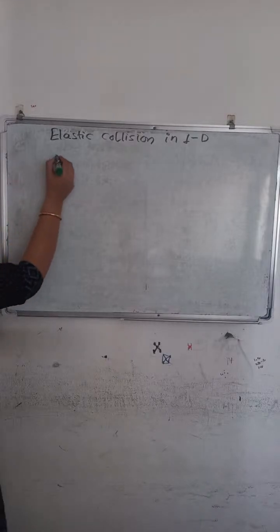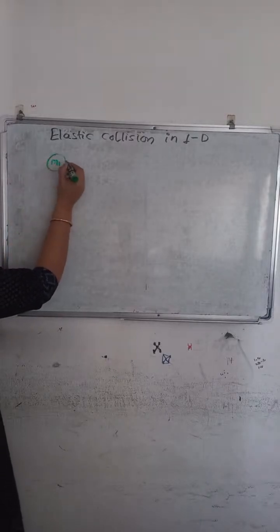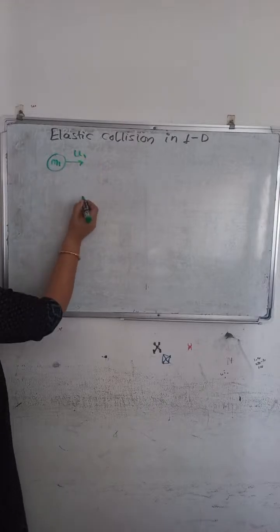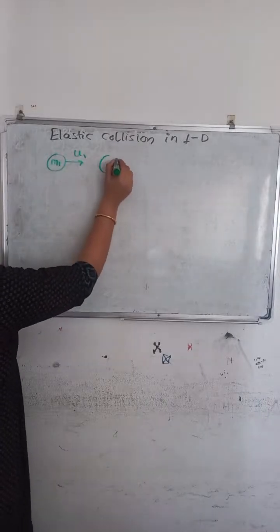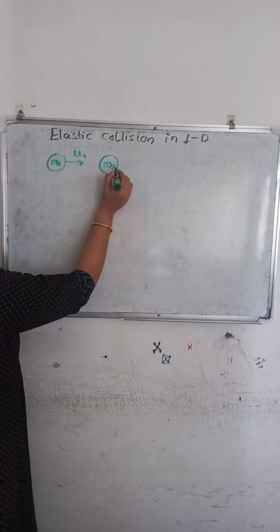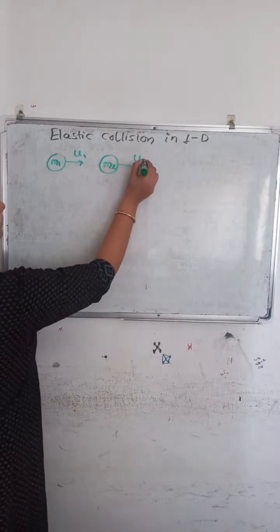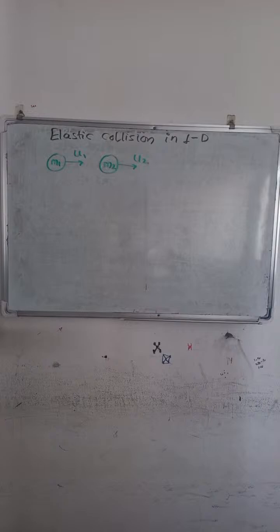Here we have two bodies, one having mass m1 and moving with initial velocity u1, another body having mass m2 moving with initial velocity u2.